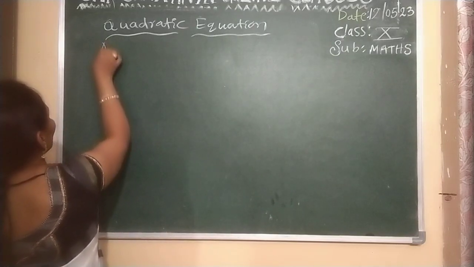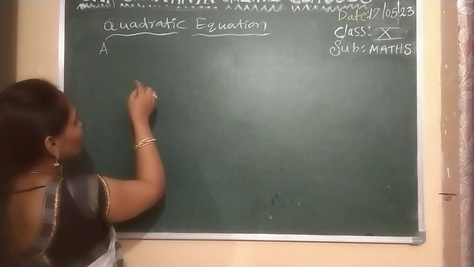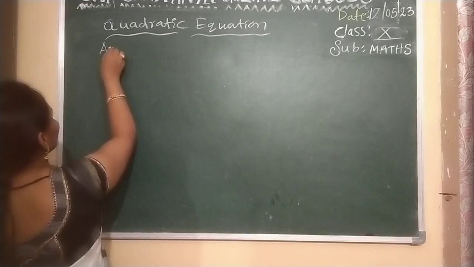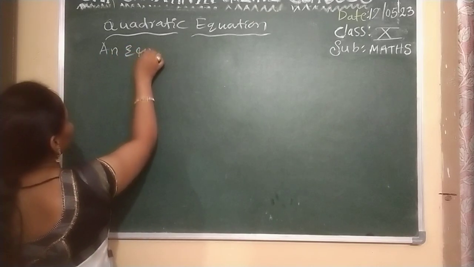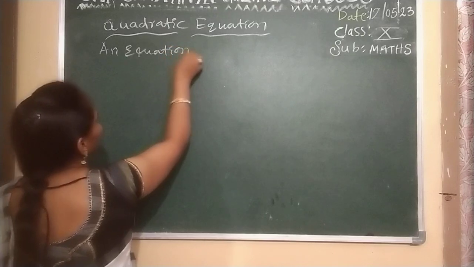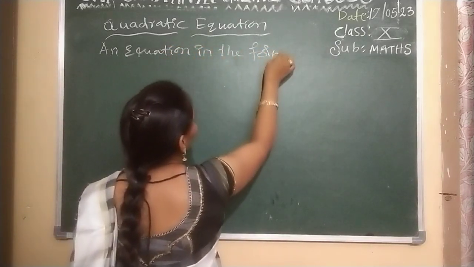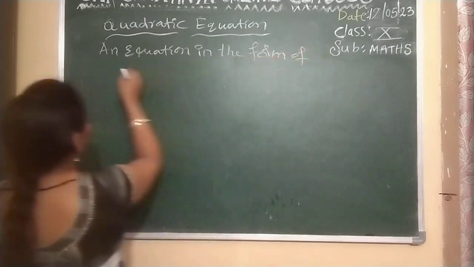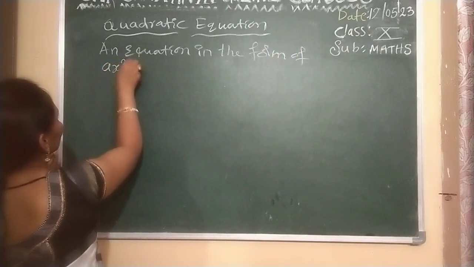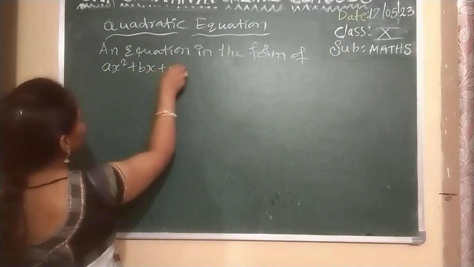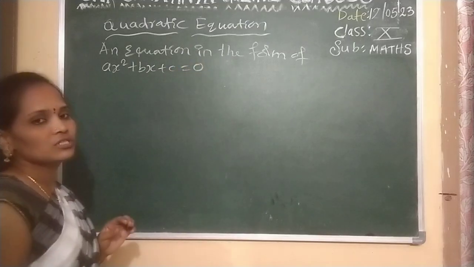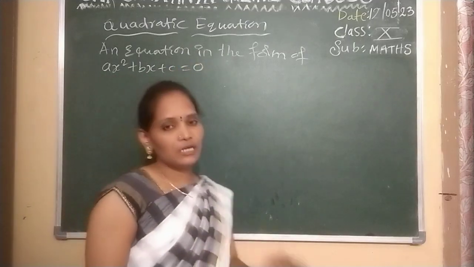An equation in the form of ax square plus bx plus c is equal to 0. This is the general quadratic equation.